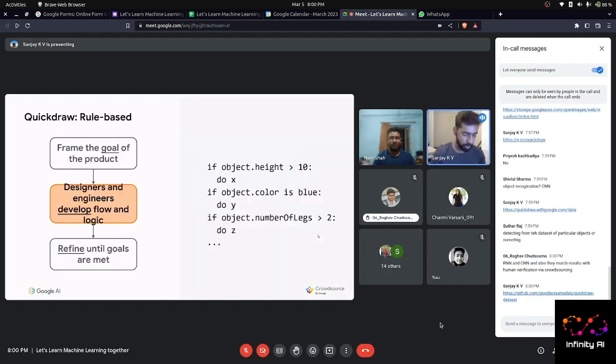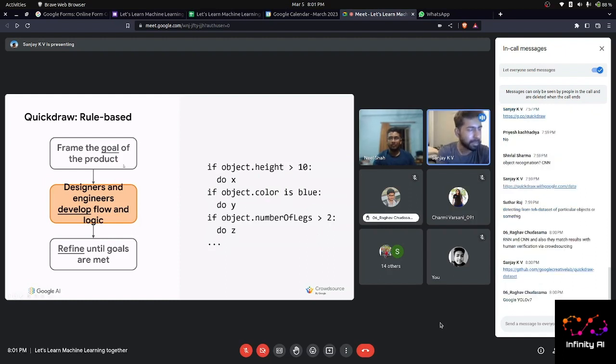Now let's come to a very basic understanding of the difference between traditional programming and machine learning. The traditional approach is rule based. If you have some goal to attain, you write a set of code.